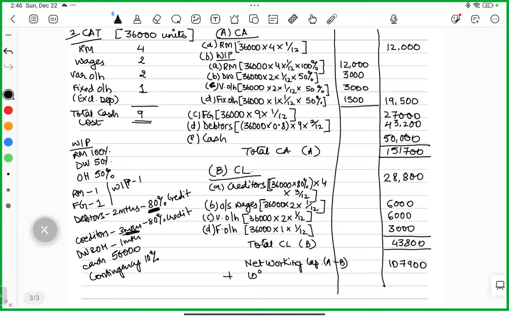So add 10%. Your working capital required is 1186.